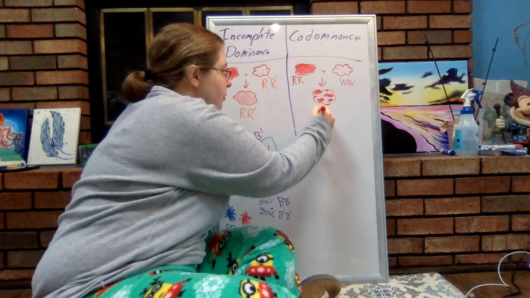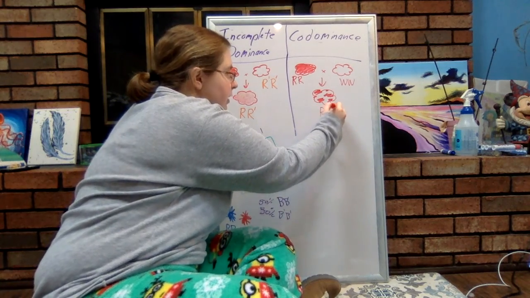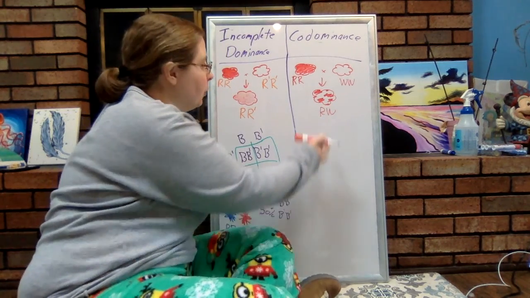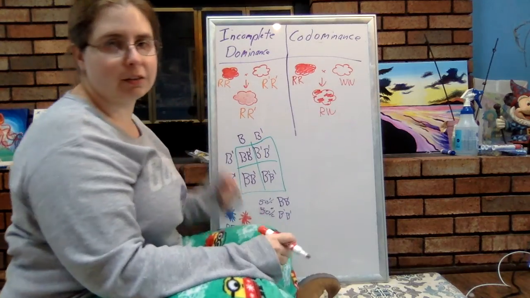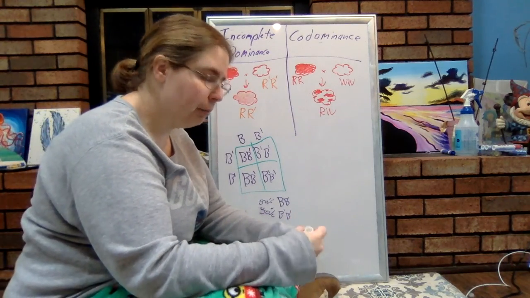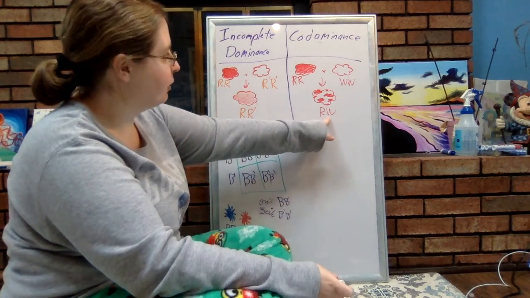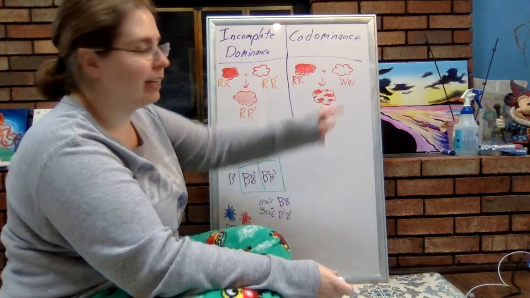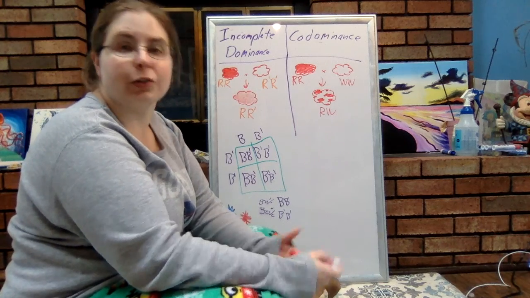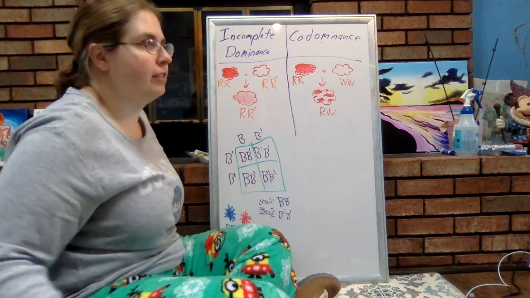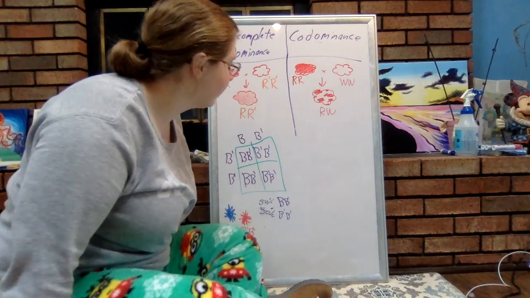And then that means the offspring would be RW, because you will see both red and white coloration. That's why I more often see this for codominance than incomplete dominance, because having two different letters reminds you that you should see two different colors, or, sorry, expressions of that one trait.